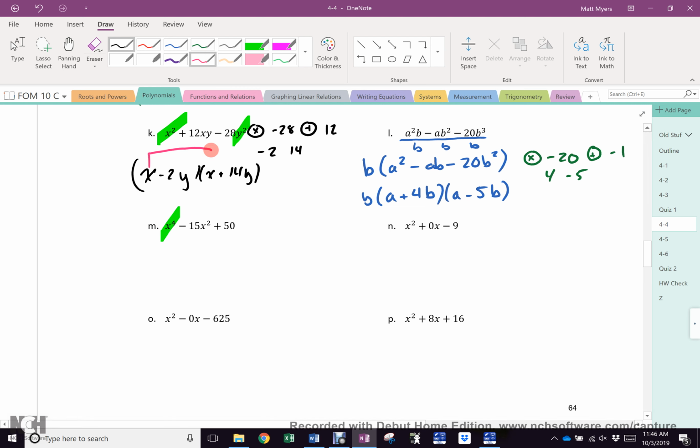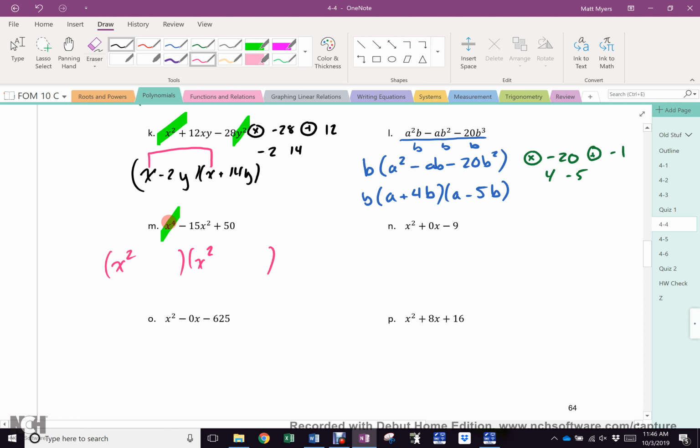So x times x gets me x squared, right? So I must need two numbers here that will get me x to the 4th, and they must be the same. So what is it? It is, of course, x squared and x squared.